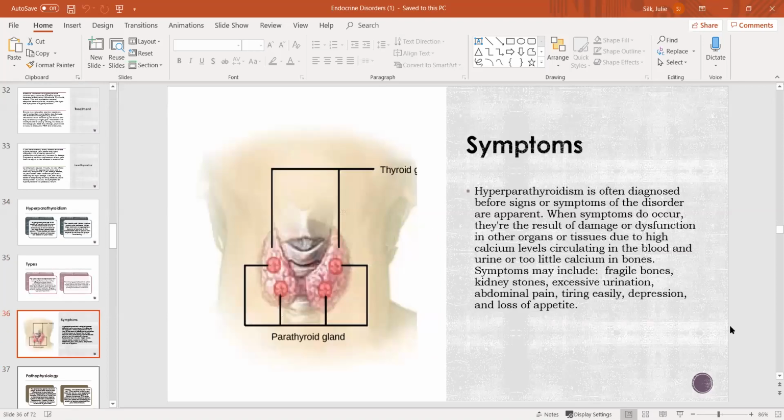So with your symptoms, again, we said we have too much calcium and low phosphorus. When you have too much calcium, you're going to be at risk for certain things, right? You're going to be at risk for kidney stones, for one. Another thing would be bone fractures, so you'll have fragile bones.